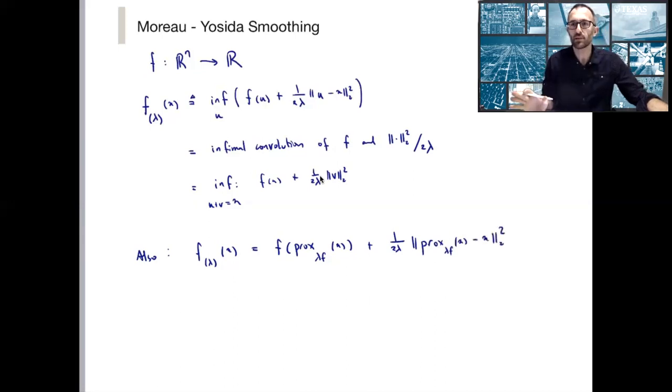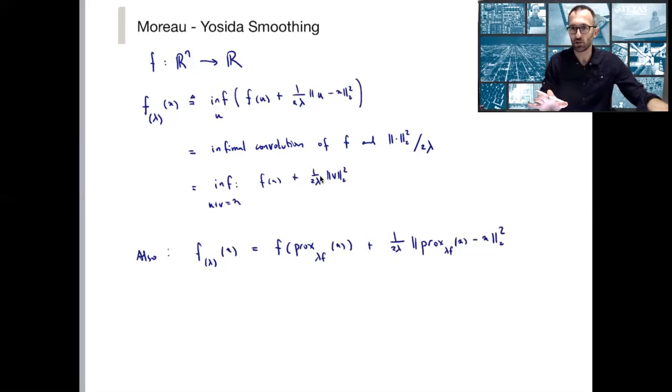Again, nothing has happened here. I've just observed that the Moreau-Yosida smoothing is a function, and it's just an evaluation at the point which is equal to the prox operator. I just observed that the infimizer here is in fact the prox operator, and so I took that as the definition and plugged it back in for u.